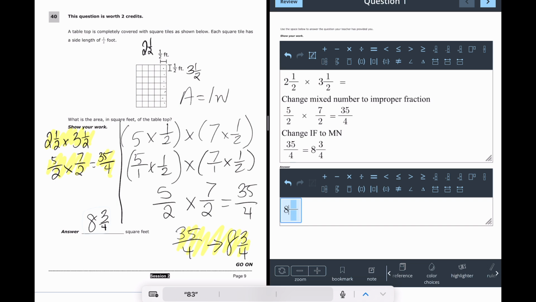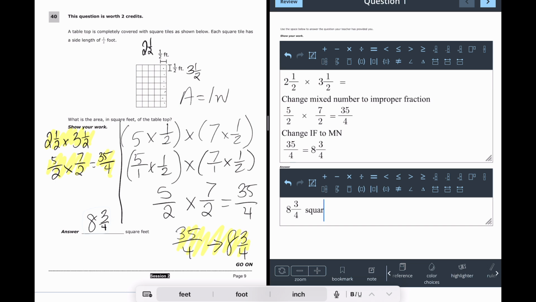and 3/4 square feet. Matter of fact, I kind of want this to be a full sentence, to be honest. So let's write a full sentence here. Let's delete this.